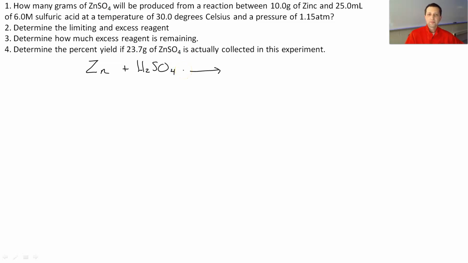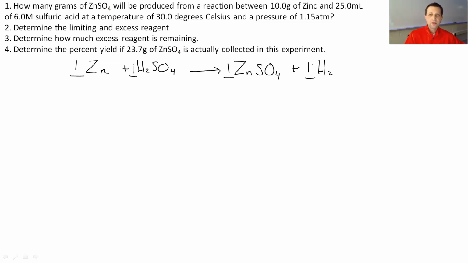We're going to produce zinc sulfate, and it doesn't say what else we produce, but we should look at this and say, well, we're missing something. It's a single replacement reaction. We're missing the hydrogen gas. Let's go ahead and balance it, and if you notice, this is actually probably the easiest part of the whole problem. It is already balanced for us. We assume coefficients of 1 are across the whole thing.